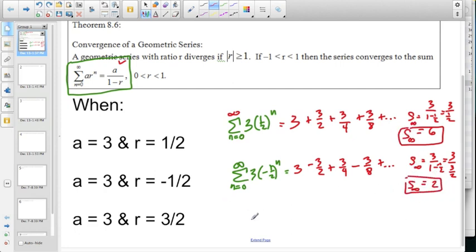If we take a look at then this geometric series, we have an initial term of 3. We have our r now of 3/2.